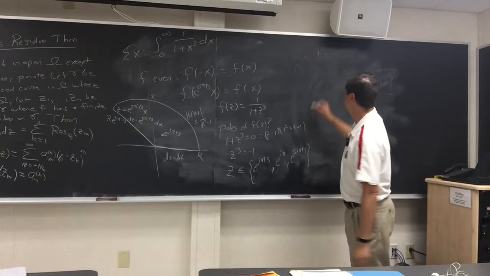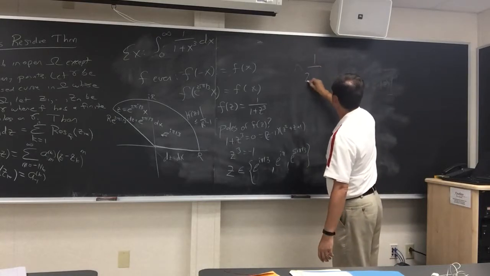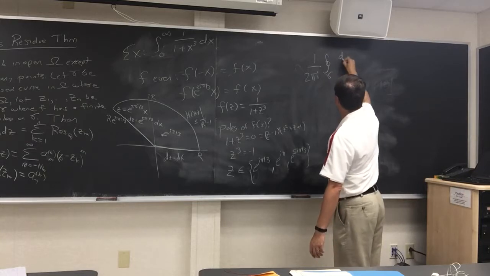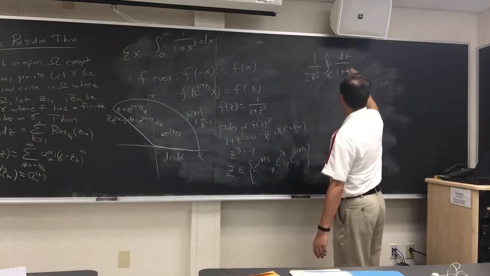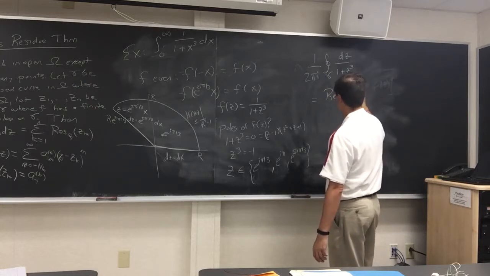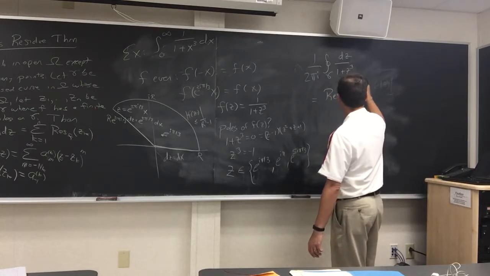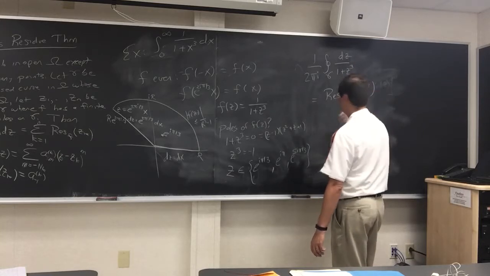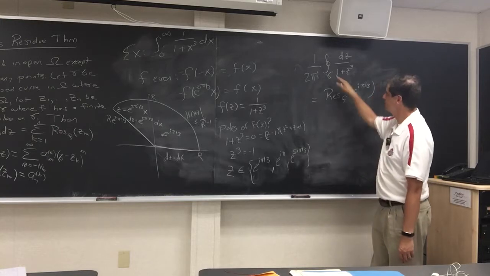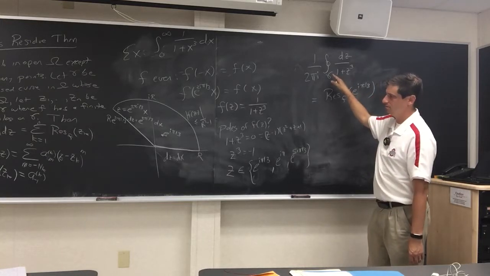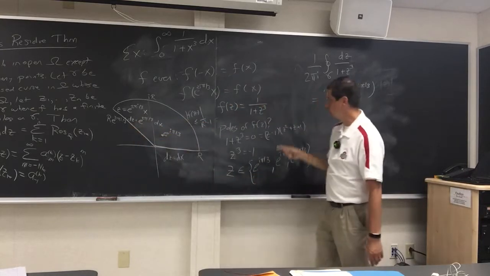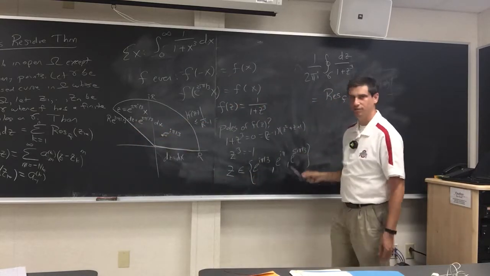So what we get is 1 over 2 pi i, the integral of a closed curve of dz over 1 plus z cubed is equal to the residue of our function f at the point e to the i pi over 3. So now all we have to do is figure out what the integral is along the third part, and then we have to just figure out what is the residue at e to the i pi over 3.